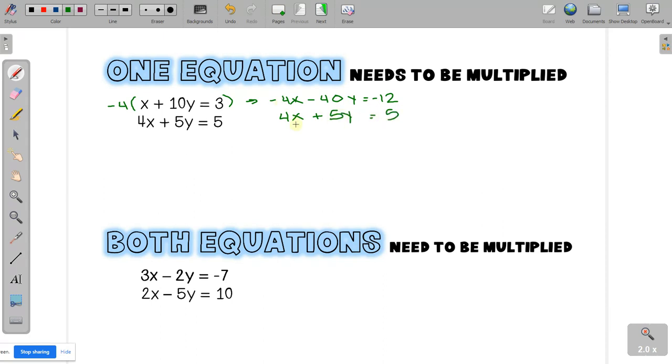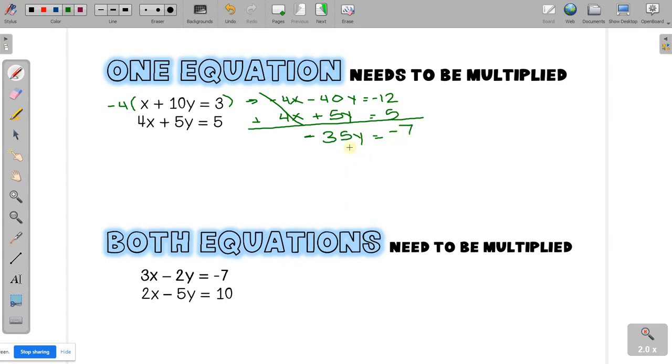And make sure you line up your x's and y's. And then we are going to add straight down. Negative 4x plus 4x cancels out. Negative 40y plus 5y gives us negative 35y. And then negative 12 plus 5 is negative 7.